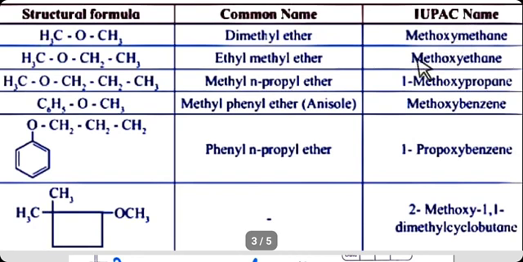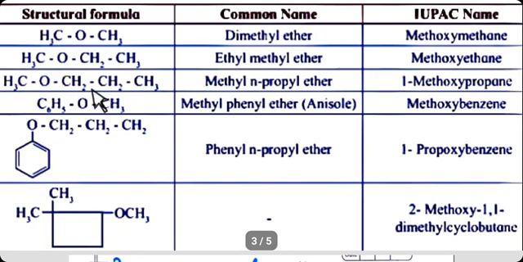See here, alkoxy alkane. In the first structure both the alkyl groups are the same, so it is methoxymethane. In the second structure, on one side a methyl group is attached and on the other side an ethyl group is attached, so it is methoxyethane.